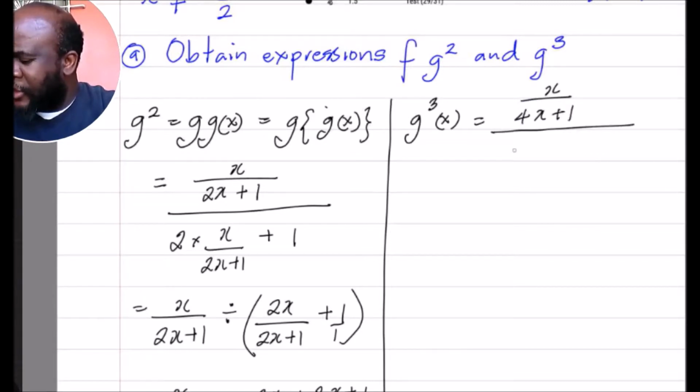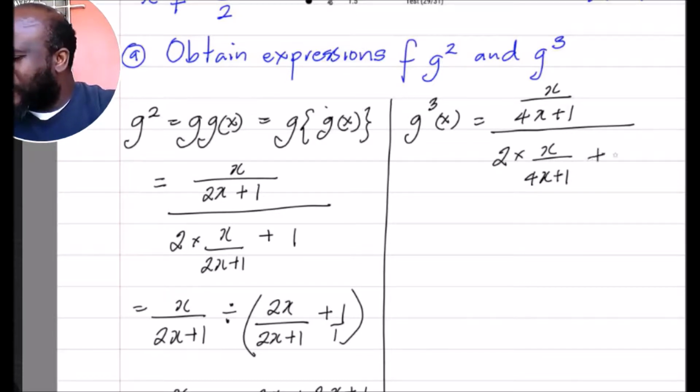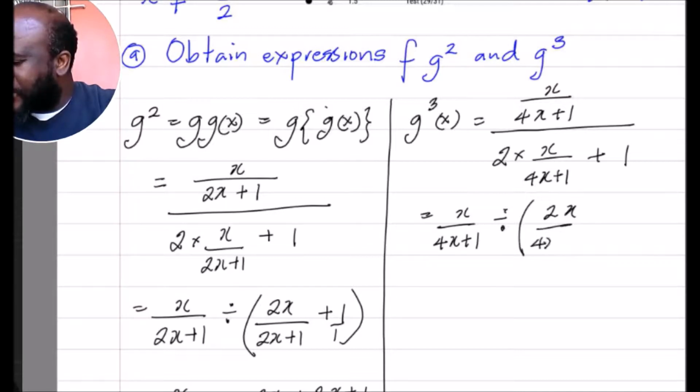And then the x in the denominator, 2 times x. Take out that x and put g squared, which is x over 4x plus 1, and then plus 1. So what we end up with is x over 4x plus 1 divided by 2x over 4x plus 1 plus 1.